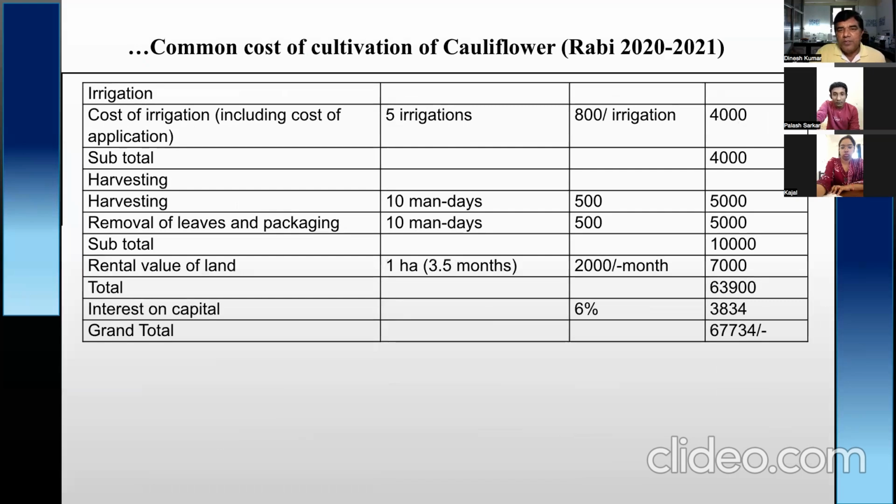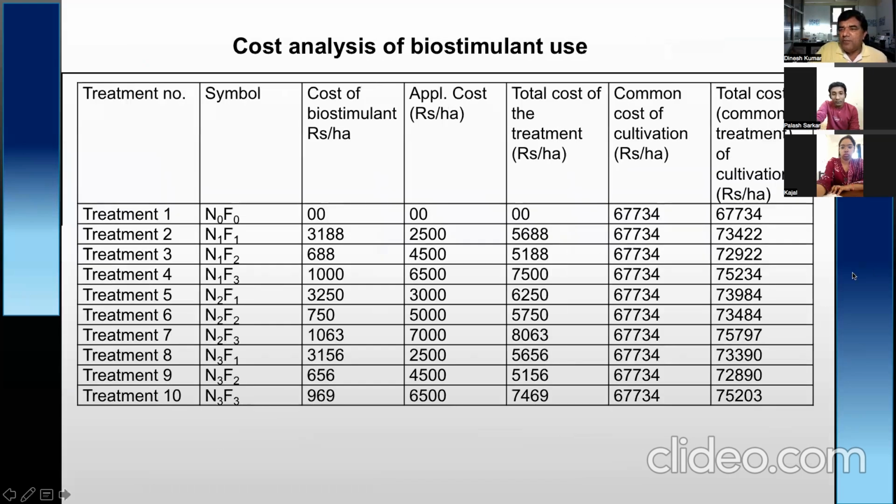In economics, we need to work out the benefit cost ratio. So this is how we can work out the benefit cost ratio. You see the common cost of cultivation is in the second last column, and then third last column, you can see the total cost of the treatment. When you add these two columns, column number 1, 2, 3, 4, 5, and 6, you get column 7. So this is your total cost for the individual treatment.